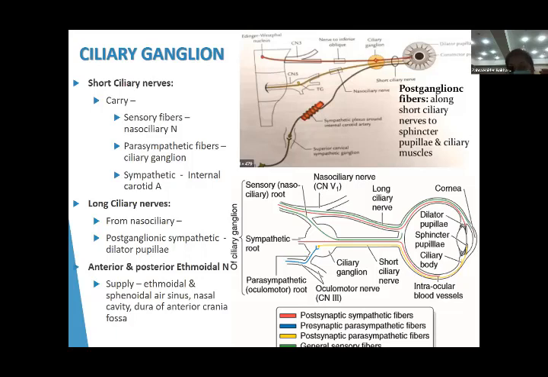The long ciliary branches off from the nasociliary. It carries sensory fibers and supplies the eyeball, conjunctiva, and cornea. Plus, it also carries sympathetic postganglionic fibers that go and supply the dilator pupillae.